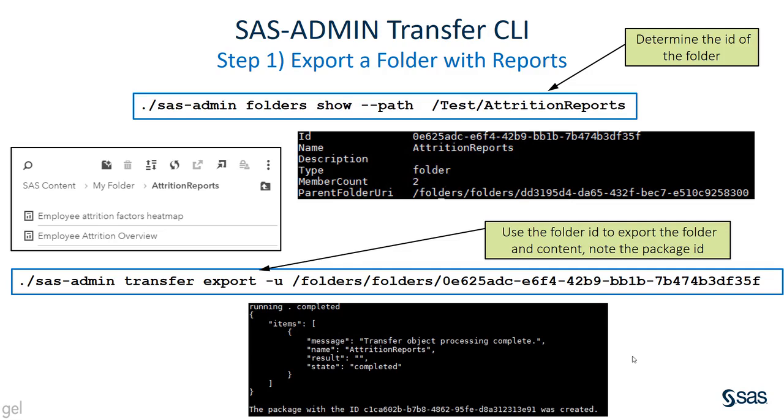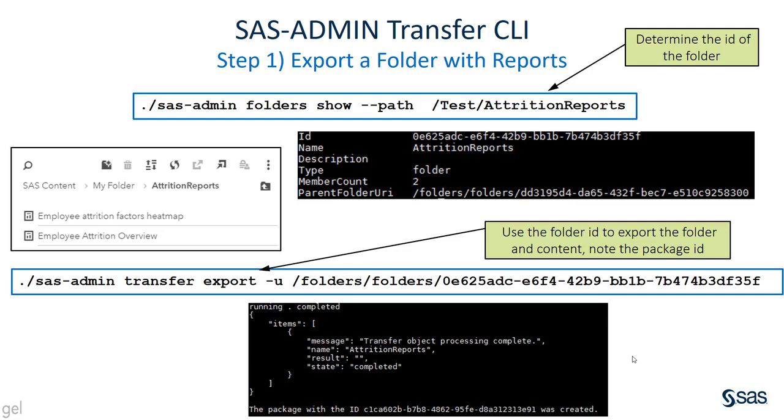The transfer interface, when you go to export, is expecting a URI. Remember I mentioned URIs yesterday, about how resources are identified in Viya. They're all via a unique URI. With the transfer interface, if you want to export something, it expects a URI, not the actual path to something.